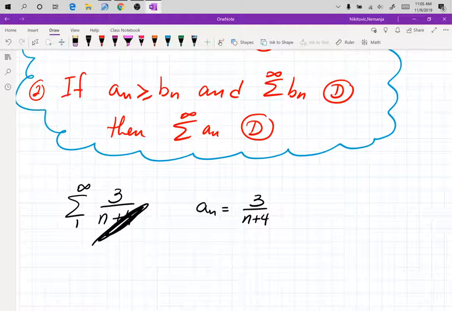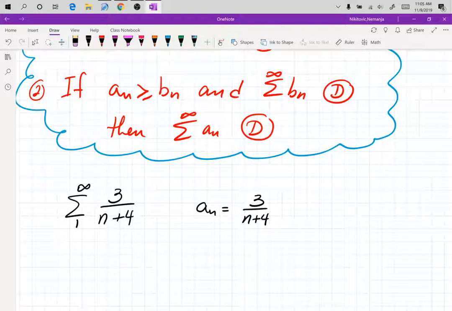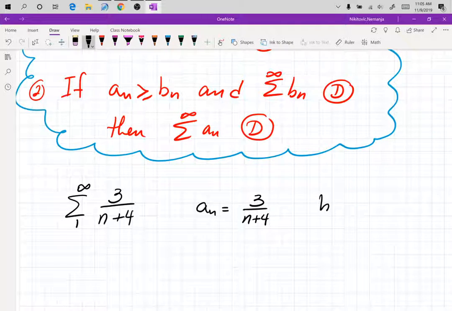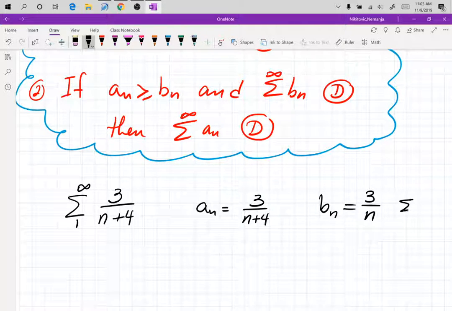Whether it's 1 over n or 3 over n or 100 over n, it's still going to diverge. But we have this plus 4, which means that it's not that anymore. And now we would like to compare it to the BN, which is, let's say, 3 over n, whose summation would diverge by P series.